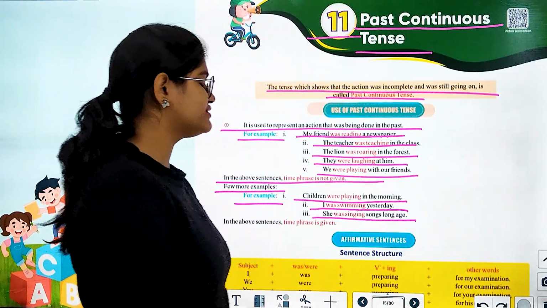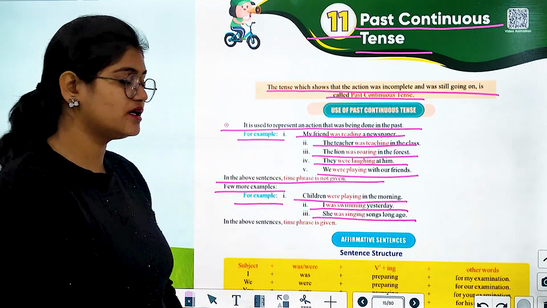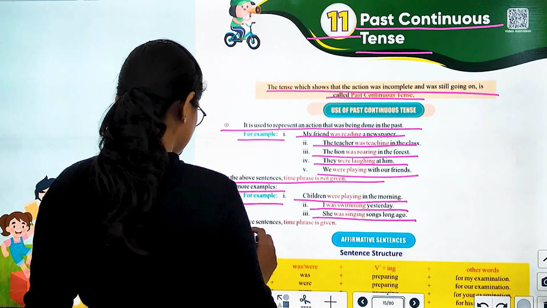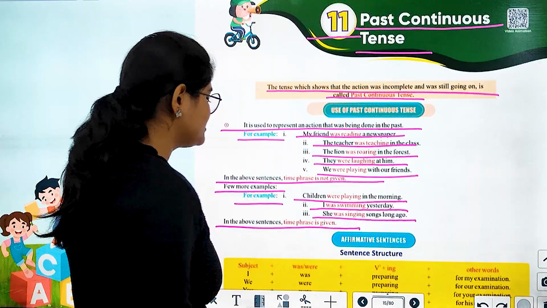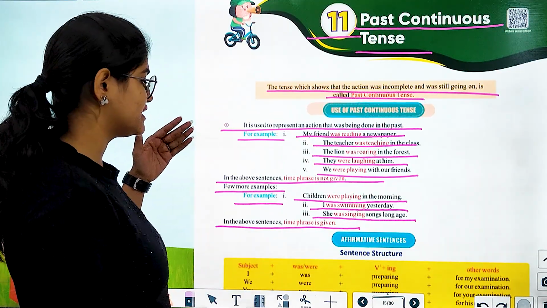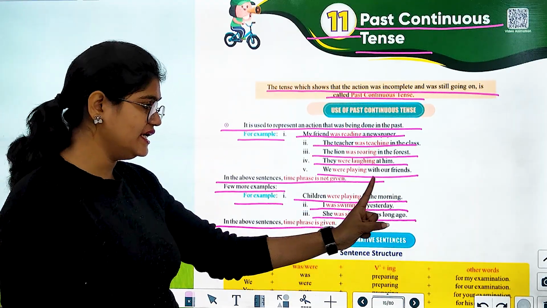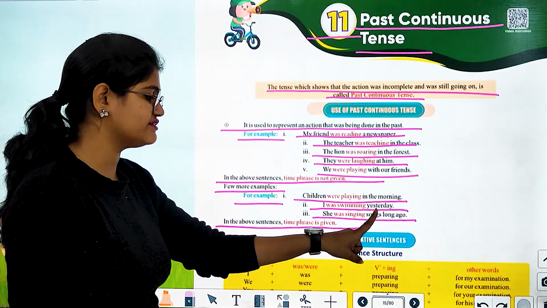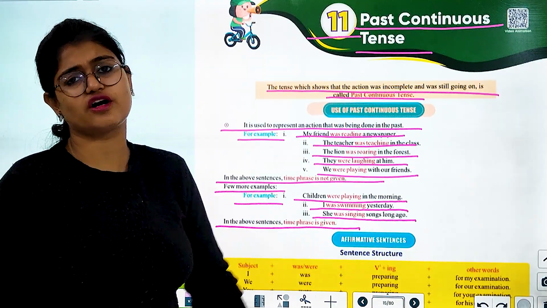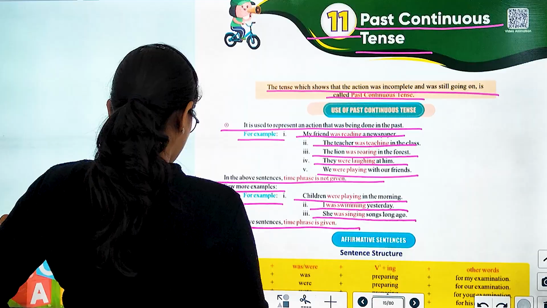She was singing songs long ago. Correct? So, in above sentences, time phrase is given. अब ये जो ऊपर mentioned sentences हैं, इनमें time phrase दिया हुआ है, जैसे कि in the morning, yesterday, long ago. Right?